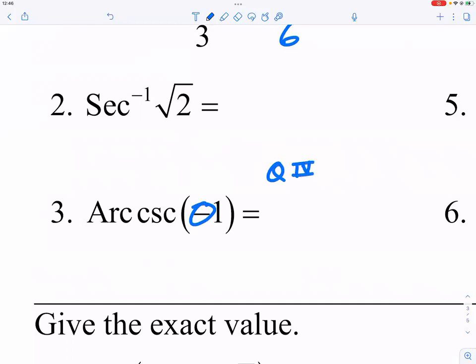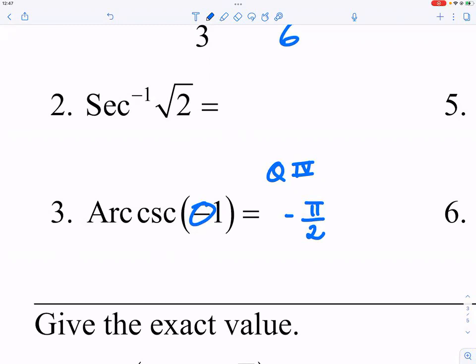You have to know that first, and I would strongly suggest you write this down. There's no point in holding it in your head. Write it down to remind yourself it's quadrant 4. Then you continue to think, cosecant of what angle will give you -1? And hopefully, in your head, that gives you -pi/2.